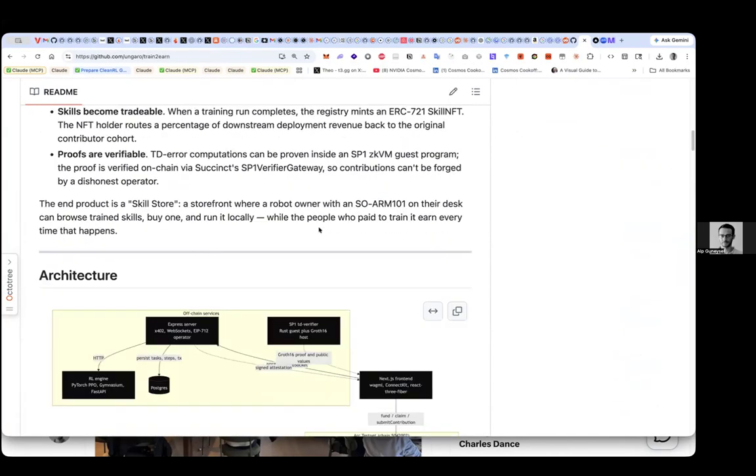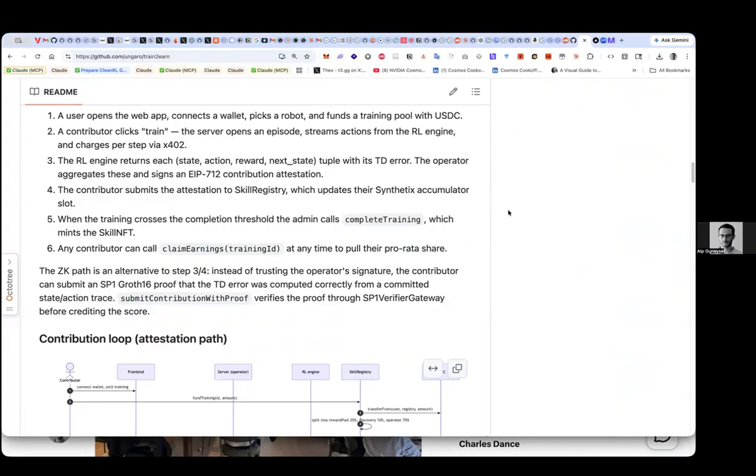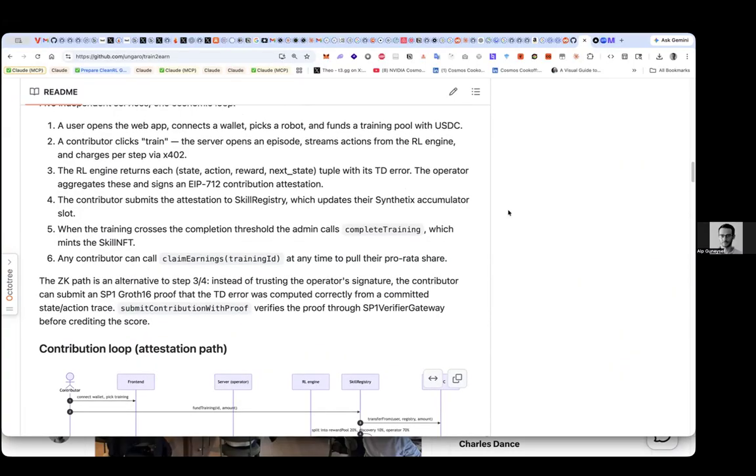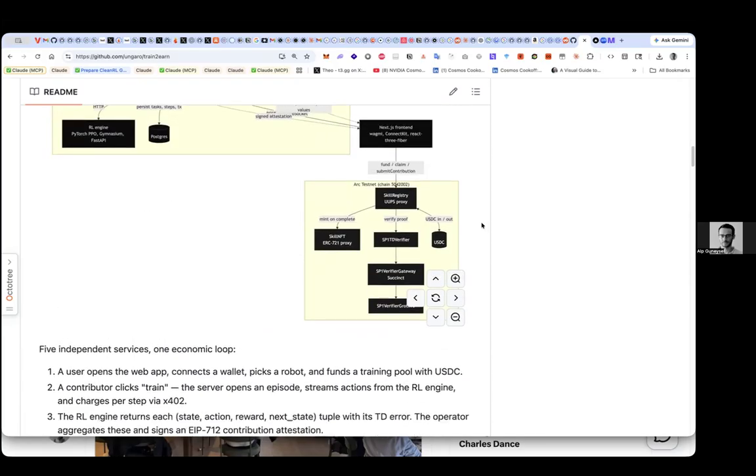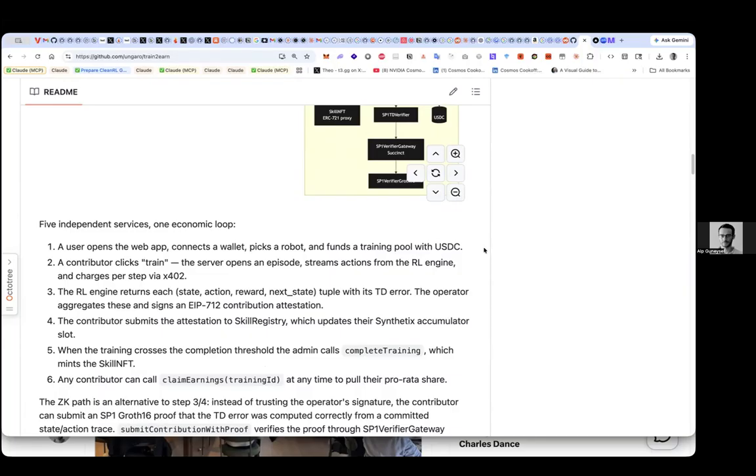And there is also a lottery side to this application. If you encounter a big TD error, which is actually a surprise and the robot learns much more from it, you get a special NFT.